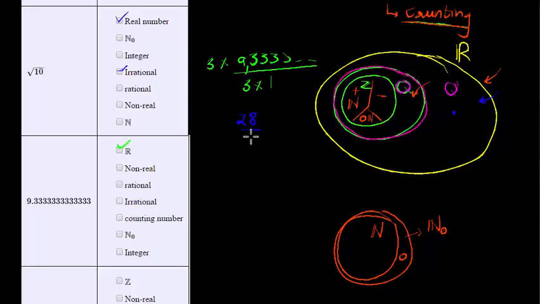That would be an example of how you would write this as a fraction. But that would just mean it's not irrational. Now, if it's not irrational, it's rational, so it's rational.